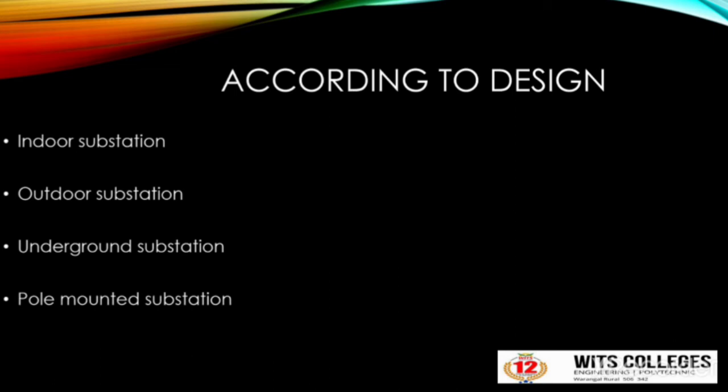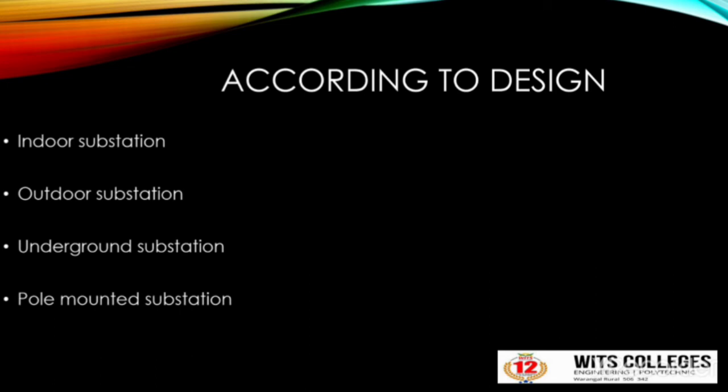But when the surrounding air is contaminated by impurities such as metals, corroded gases and fumes, the voltage can be raised up to 33,000 volts to 66,000 volts. Okay, and coming to the next classification, outdoor substations.